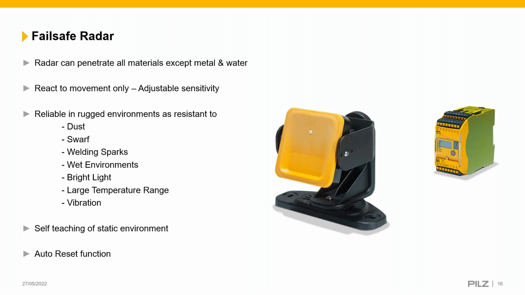So if you're in really dirty or really harsh environments, then radar possibly is the way you would want to go. And as we said, there's a reset function. As soon as nothing's moving in its field of view, it will automatically reset and allow the machine to run again. So it's different in a lot of its operations to the other devices, but that's where it complements the range.